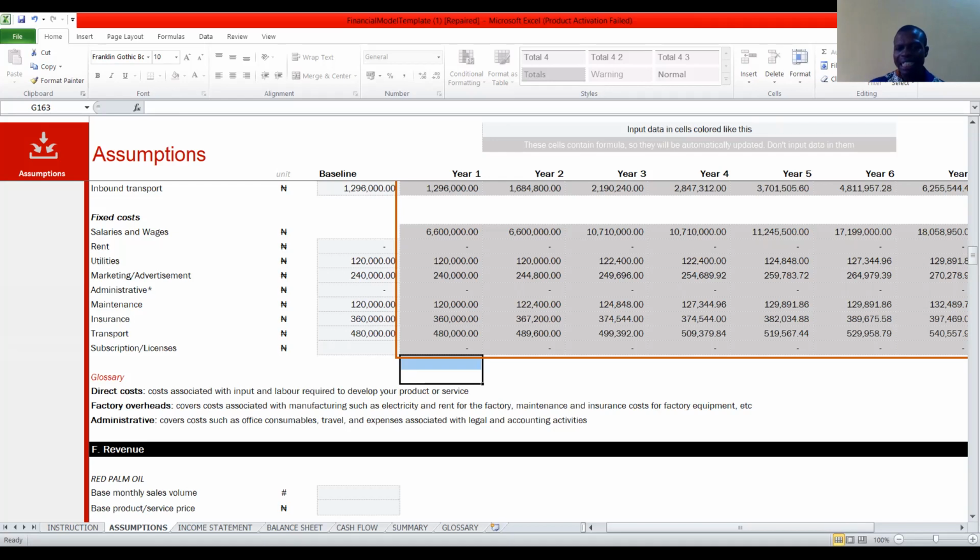Do we have licensing and subscription? Okay. Now, it is saying that it is going to spend 500,000 naira for NAFDAC. And don't forget, NAFDAC is one-off. So I will come here and put 500,000 naira.